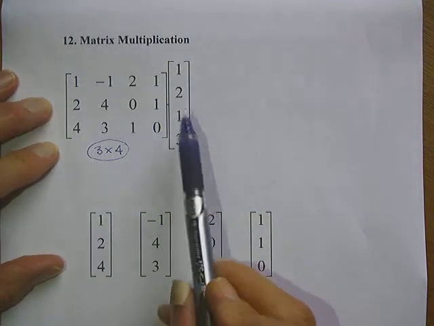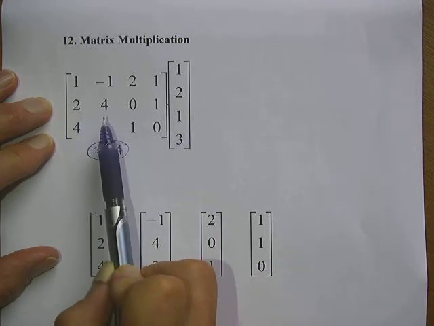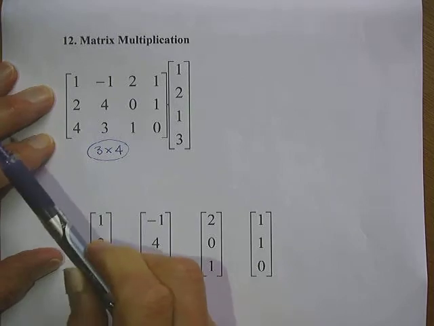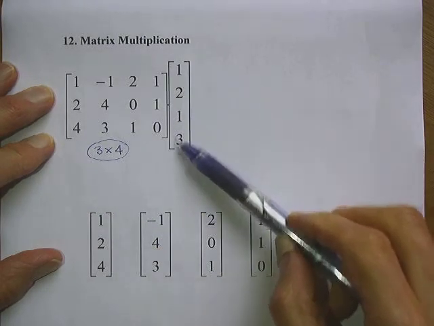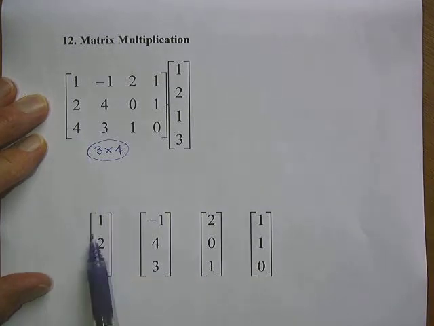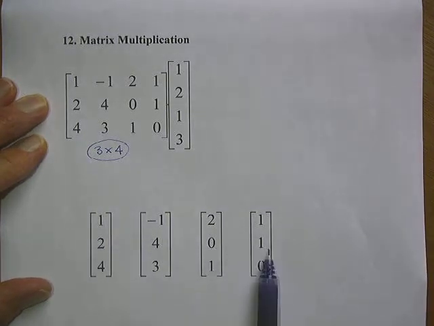What it is, by definition, is a linear combination of the columns of the matrix where the coefficients are given by this vector. That is to say, here are the 4 columns of the matrix laid out.